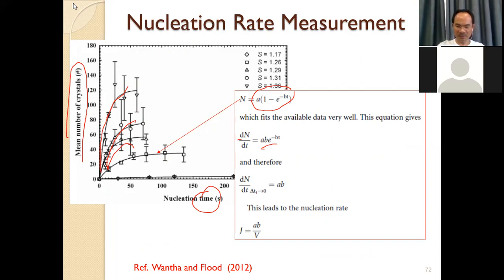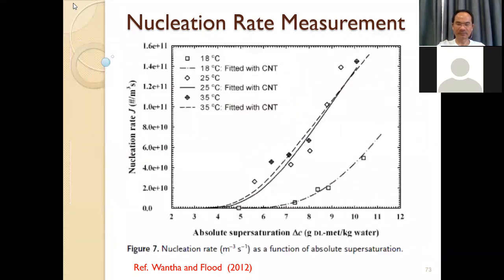When delta t approaches 0, this term is equal to 1. You get dn by dt equal to AB. This is the nucleation rate. This is the technique that I use to determine the nucleation rate. The unit is the number of crystals per volume of solution, or per volume of magma, per time.